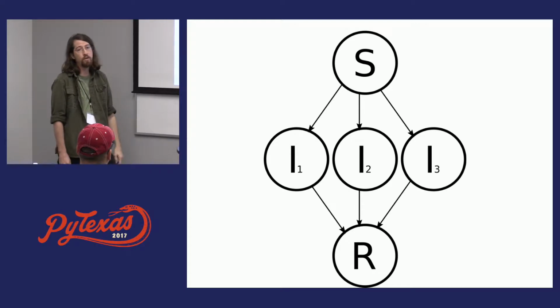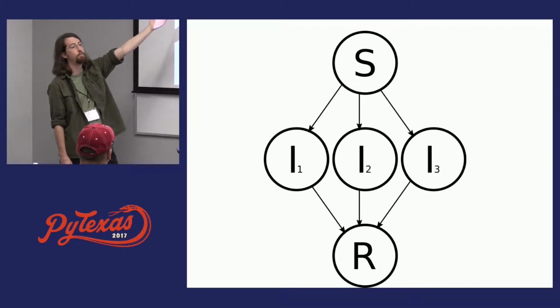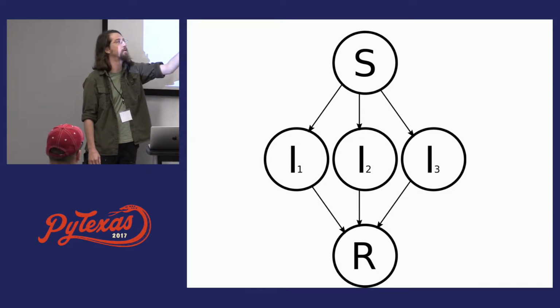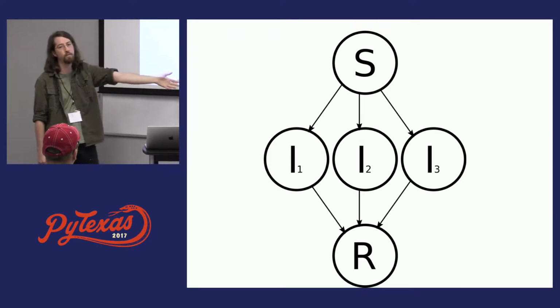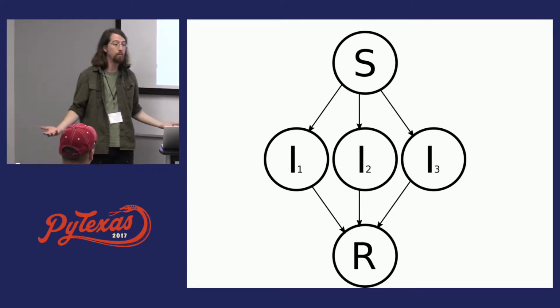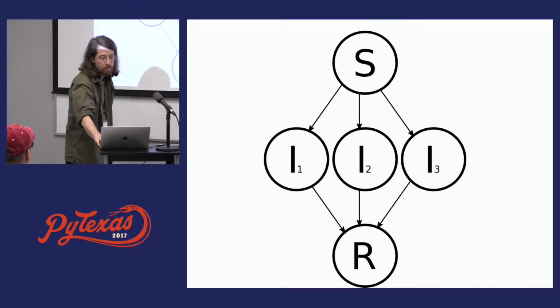If I want to model two diseases together, comorbidity, then I need a lot more states. I need the state where they're susceptible to both diseases, the state where they're susceptible to one disease and infected in one way with the other disease, and another way with the other disease, and recovered with the other disease. So there's a combinatorial explosion here. It gets really, really big, and you have a lot of states.